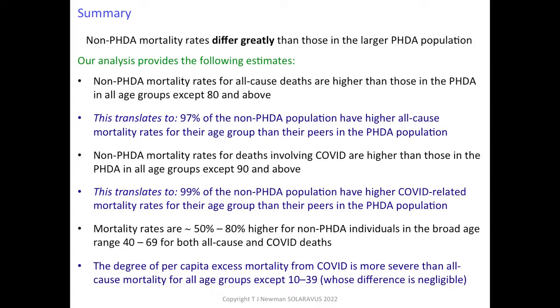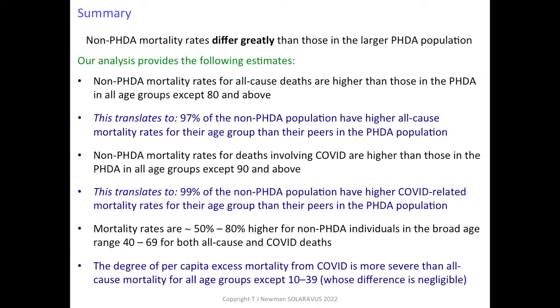The non-PHDA mortality rates for all-cause deaths are higher than those in the official database in all age groups except 80 and above. This translates to 97% of the non-PHDA population having higher all-cause mortality rates than their peers in the PHDA population.